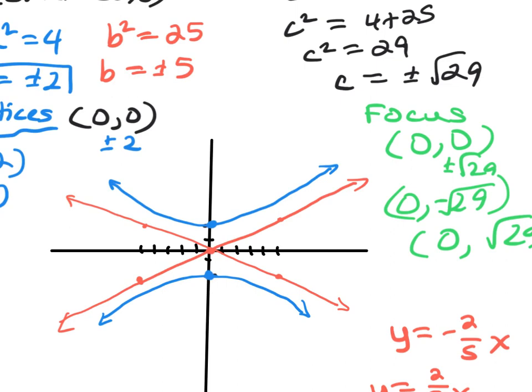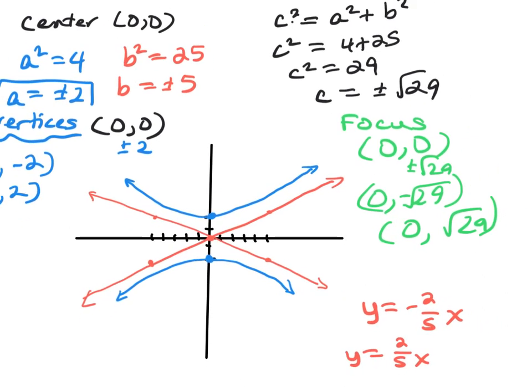The other thing I need to get on here are my two focus points. So I'm going to go ahead and do the square root of 29. Remember, it's going to be in between the two perfect squares of 25 and 36. So the square root of 25 is 5, so it's going to be 5 point something. It's actually 5.38, so I'm going to round this to 5.4 and negative 5.4.